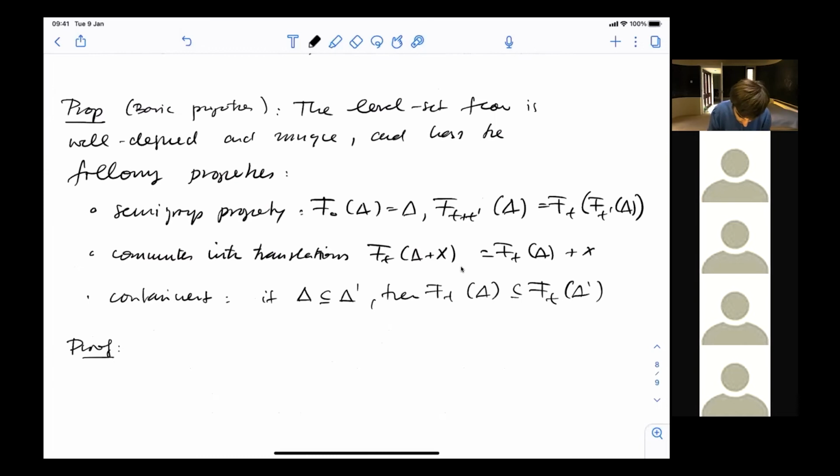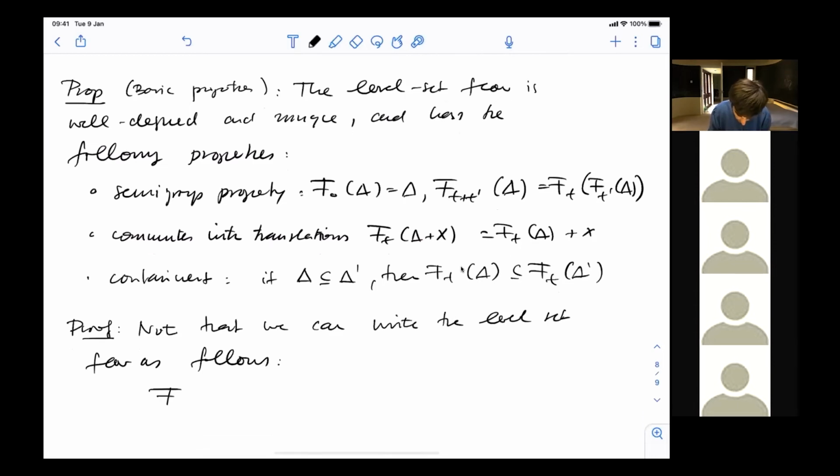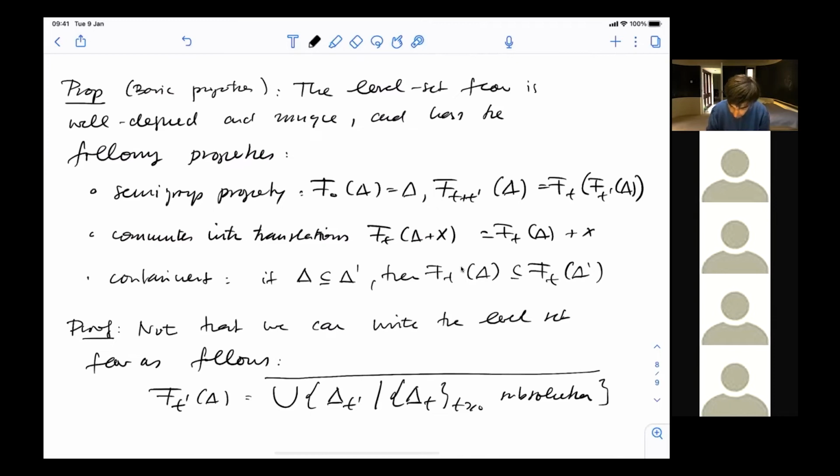As we have seen, by translation invariance, note that we can write the level set flow as follows. F_(t') of Delta is just the union over all Delta at t' such that this is a subsolution, and we take the closure of that.